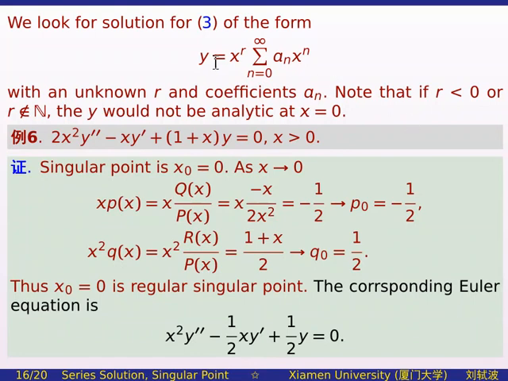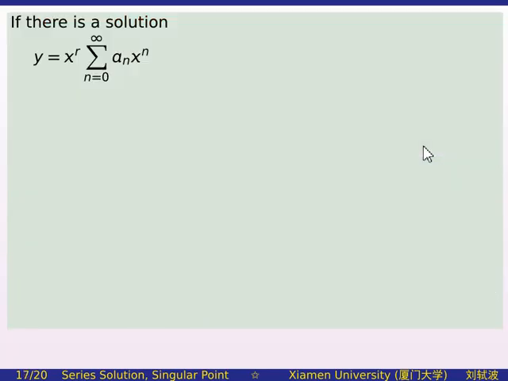We try to find a solution of this form: a power function multiplied by a power series, that is, an analytic function. Suppose the solution is of this form, we need to substitute this solution into the equation. So we need to compute the derivative of this y.